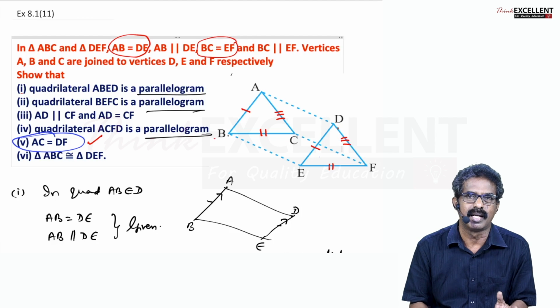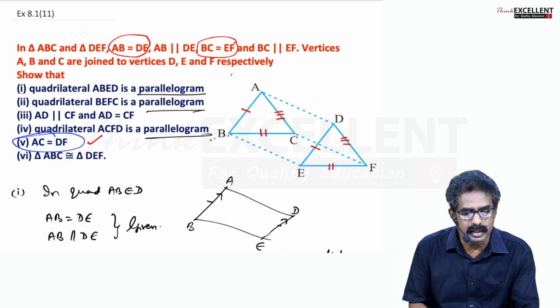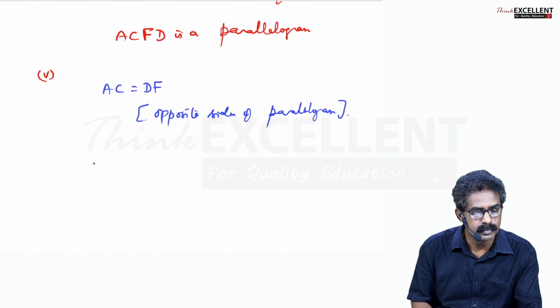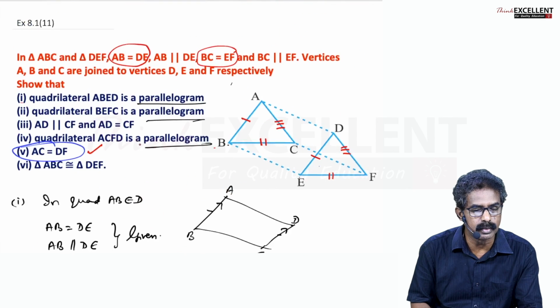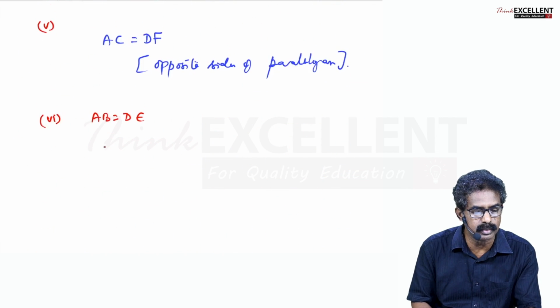That's all. Now while writing it takes some time. Once you understood, you can do it very easily. Okay, so for the sixth subdivision, AB equal to DE, BC equal to EF, both given in the question.